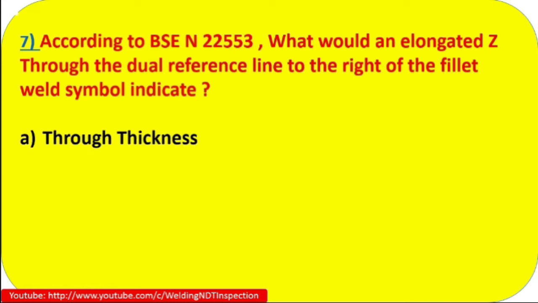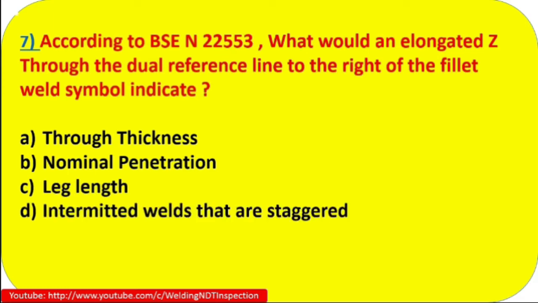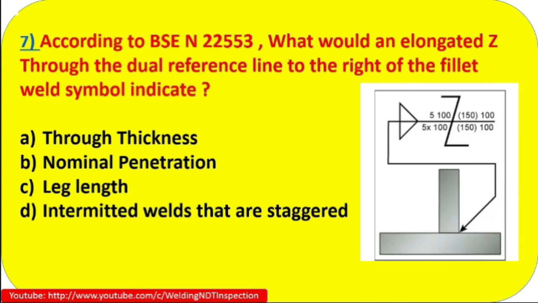A: throat thickness, B: nominal penetration, C: leg length, and D: intermediate welds that are staggered. So we'll go to the explanation now. You see here, this is called the staggered, elongated J through the dual reference line. You should know why it was J, because the welding goes this way.